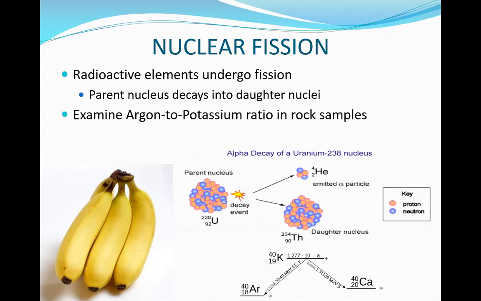So for example, in moon rocks, in the rocks that we tend to study in astronomy, we tend to focus on determining the concentration, the amount of argon and potassium in these rock samples.